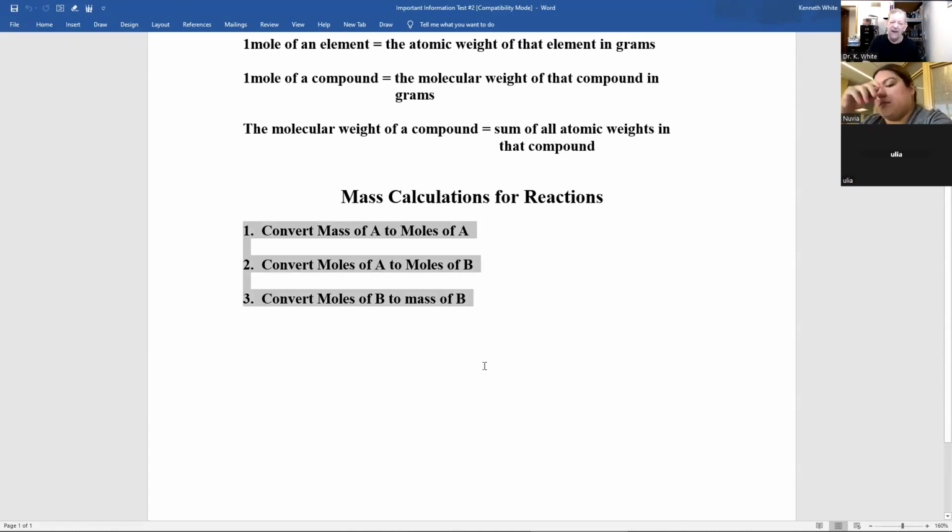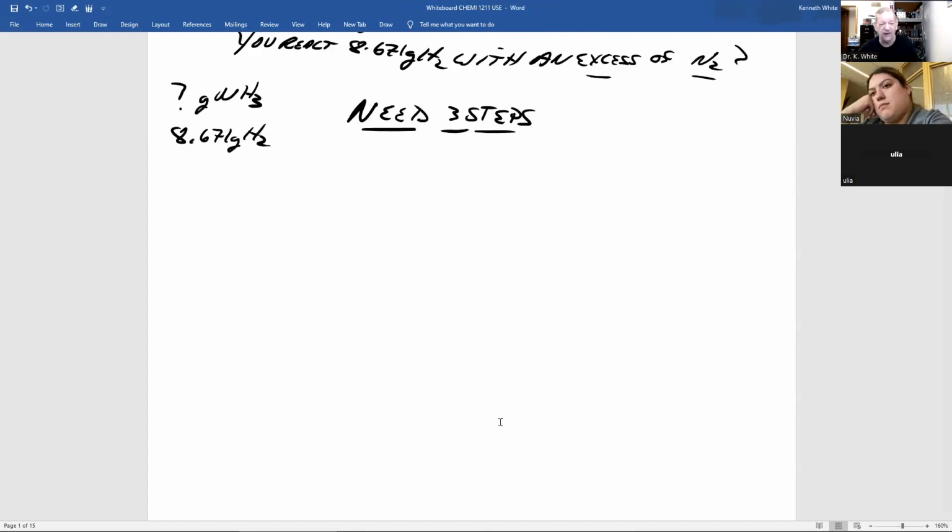Step 1, mass of A, which means grams, convert to moles of A. What's A? Well, let's find out. The only thing we have to start with is hydrogen, and that's compound A. So in step 1, we want to go from grams of A, which is hydrogen, to moles of A, which is still hydrogen.